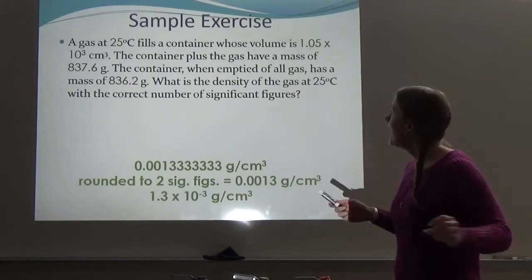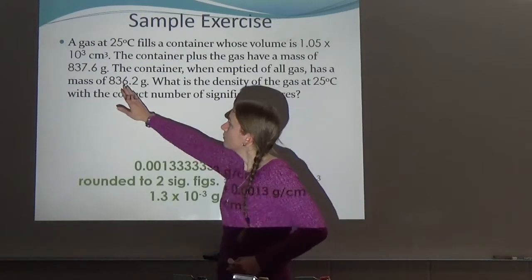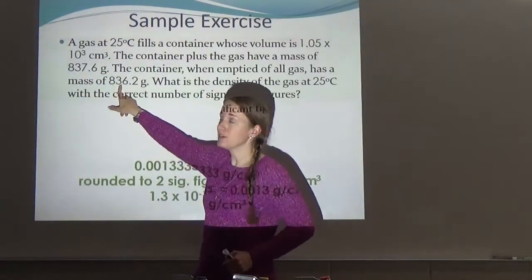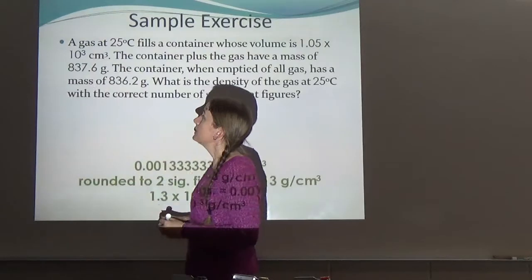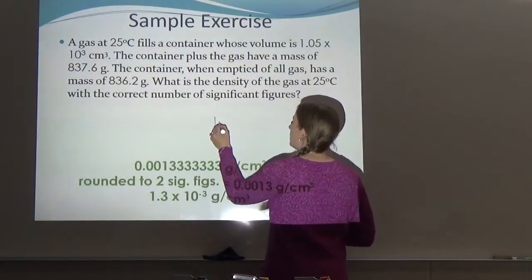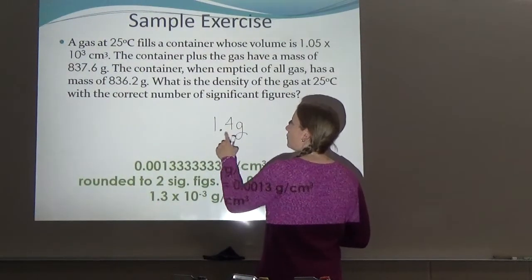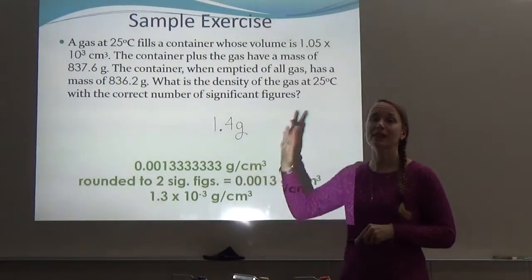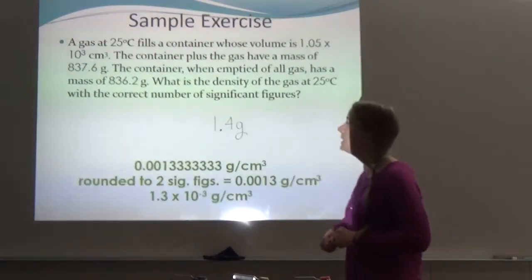If we go back, our original masses each had 4 significant figures. And when we subtracted them, we got 1.4, which only had 2 significant figures, and that determined that our final answer would have 2.